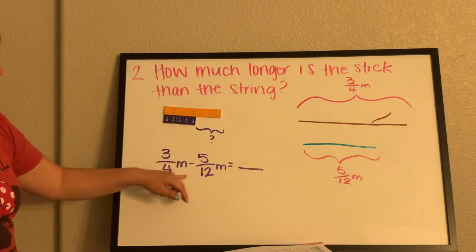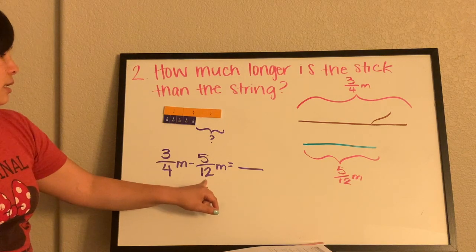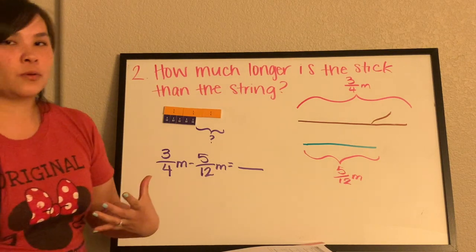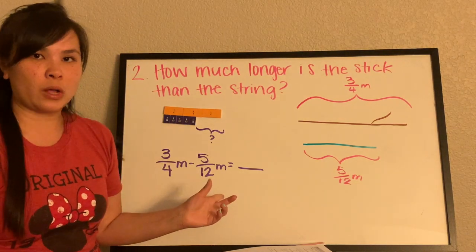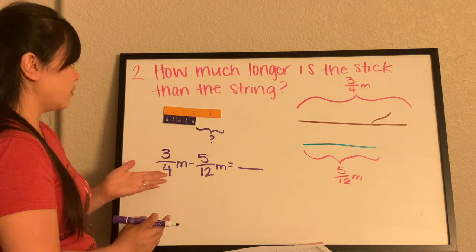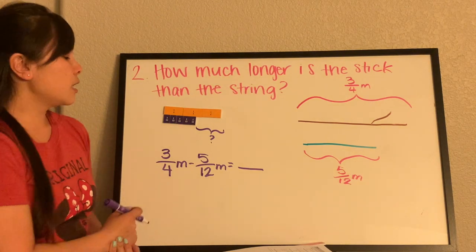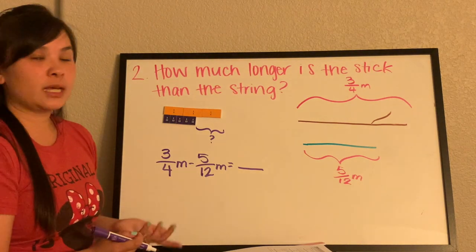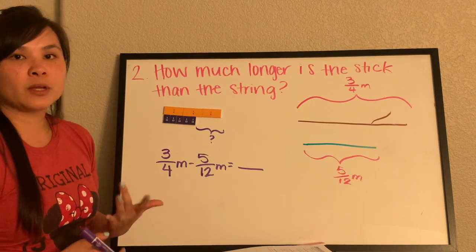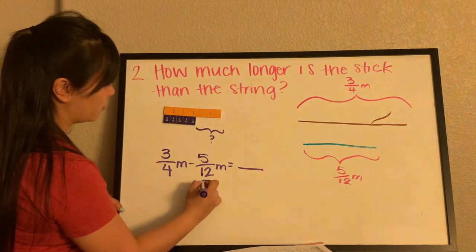So we're going to keep this 5/12 because we know that, since this is generally what we're looking for, does 4 go into 12? Because if it does, it makes it so much easier, and we can find an equivalent fraction for 3/4, right? So it does. It's related to 12 because if you multiply 4 by 3, you get 12. So we're going to keep the 5/12 the same.